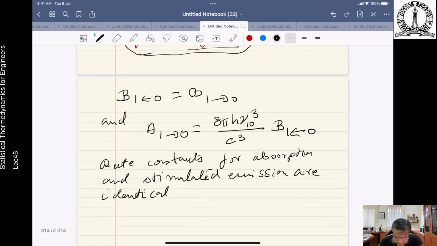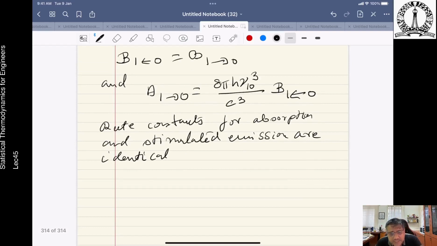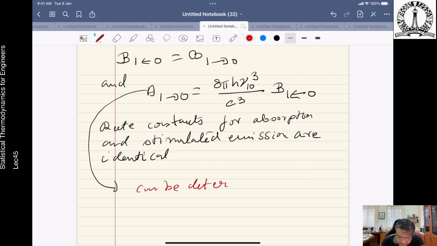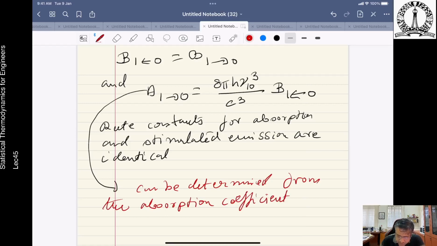Okay, and it also shows one other thing, that the spontaneous emission coefficient, which is basically this guy, can be determined from the absorption coefficient. But you note this particular factor. This is very important.